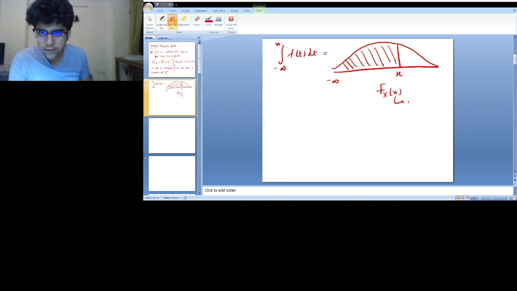Where this small x is the point, and this capital X is the random variable that can take different values, and this small x is the specific point.